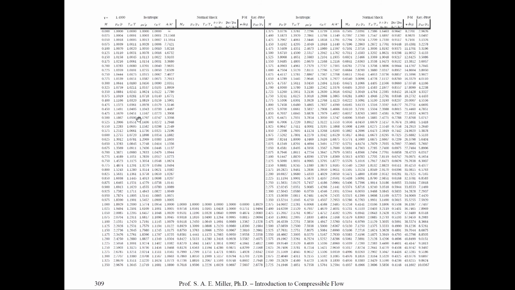So let's look at the first one on the left first. You'll see up here, there's a gamma value of 1.4. So this table, which is basically formalized from the equations of motion using numerical methods up to a number of decimal places, shows you all the isentropic solutions. Now, in these particular columns, the first column is Mach number, which goes from 0 all the way to 1.35 here.